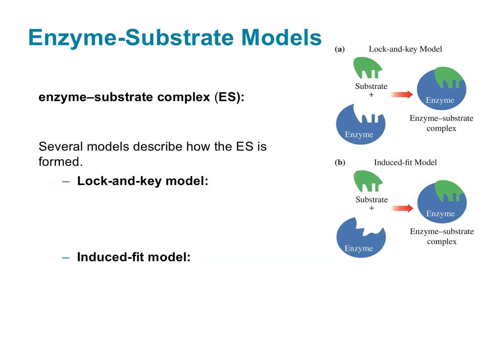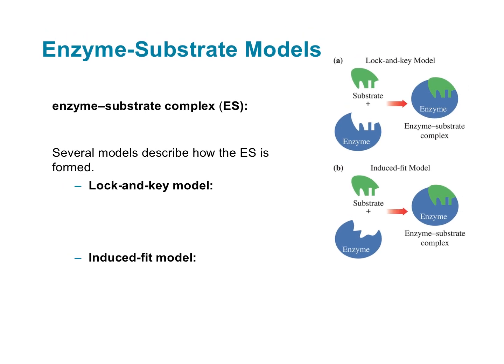Now, there are a lot of different models for how enzymes work. One of the vocabulary words that we use is the enzyme substrate complex. That is just the complex when the substrate is in the enzyme, for lack of a better term.